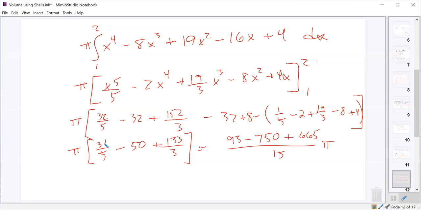No, it's a 31. 32 fifths minus the 1 fifth on the other side over here. You see what I'm saying? Yeah. Okay. What does that come out to be? 8 pi over 15? Is that right?